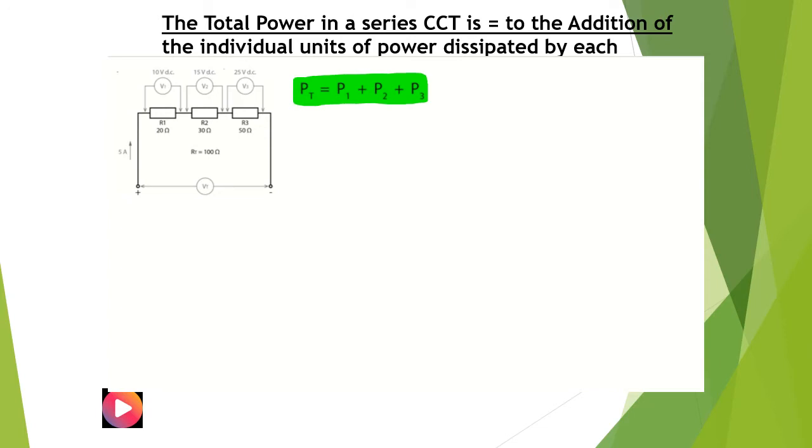So we could simply say if the power dissipated by R1 was 10 watts, R2 was 15 watts and R3 was 35 watts, just as a guess, the power total would simply be 10 plus 15 plus 35. No problems. And that would give us an answer. 25 plus 35 is equal to, I don't know, let's say 60 watts.